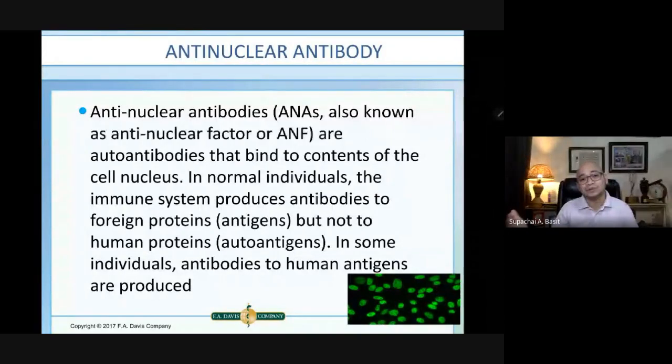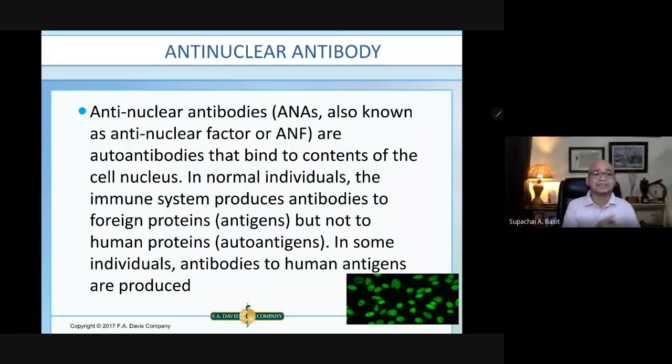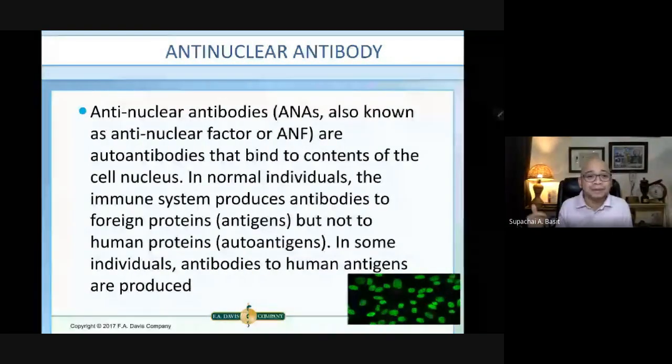In normal individuals, the immune system produces antibodies to foreign proteins, but not to human proteins. You should only be reacting to foreign proteins, but never to your own proteins. In some individuals, antibodies are produced to human antigens.